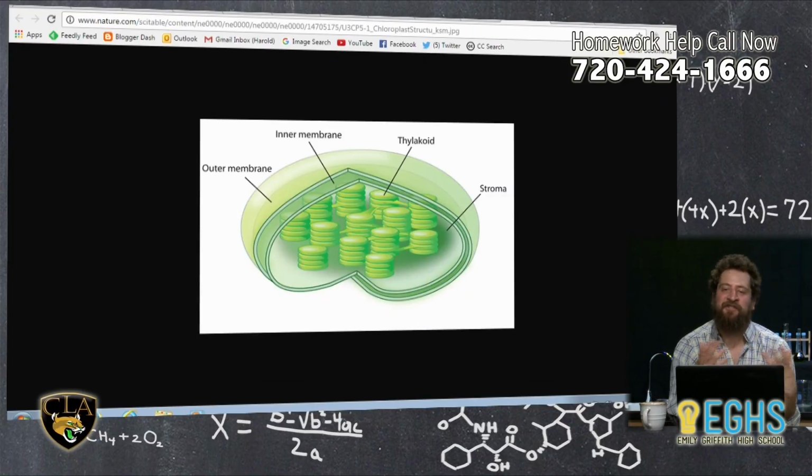And up close, this is just a diagram, but this is something like what a chloroplast would look like, with this chemical chlorophyll inside of the thylakoids listed here, these little pancake-looking stacks of green things. The energy of the sun can literally excite the molecules of the chlorophyll to a point that allows the plant to use that energy to do its photosynthesizing process.